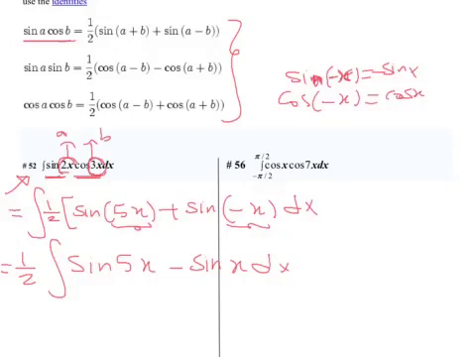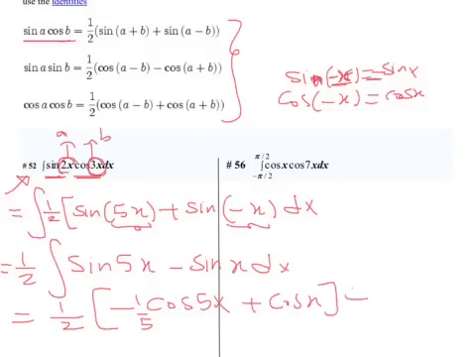So the sign becomes minus outside, while the cosine is just a plus. Anyway, so this is now minus sine x, which can be integrated very easily simply by saying minus cosine 5x divided by 5 and a plus cosine x, plus a constant.